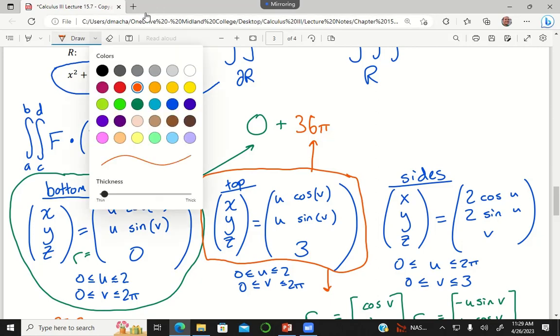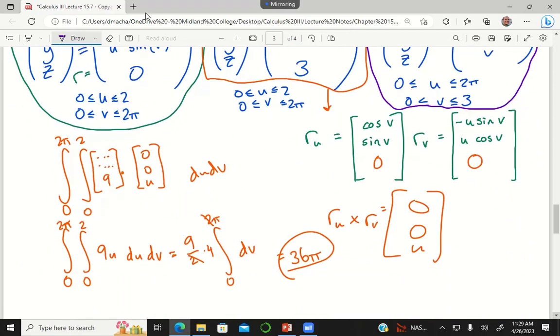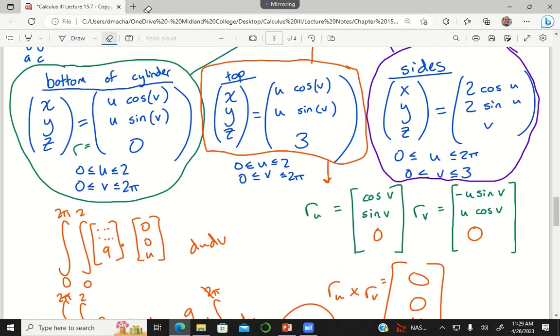The last thing we need to do for this problem is take a look at the sides of the cylinder, the lateral surface, and see if that adds anything to the sum of the surface integral of the boundary of this cylinder. It's not hugely different, but it's different enough that I'm probably going to just erase everything and start over from scratch.